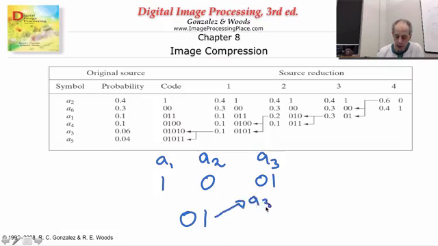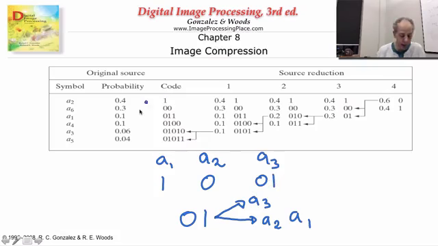It's either A3, let's say pixel value 100, or A2 followed by A1, let's say pixel 0 and pixel 255. So there is a lot of ambiguity in the reconstruction. We don't know which one it is. And this is because this code is not what's called prefix free. This one is a prefix of this one.